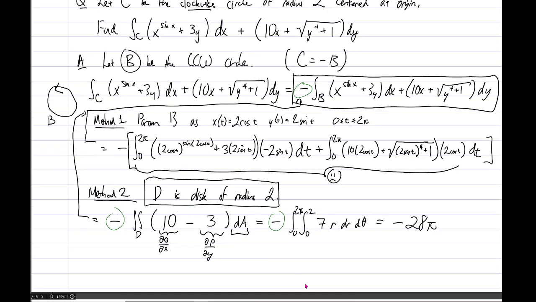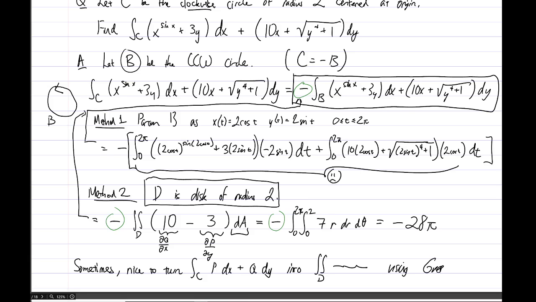So here's the thing. Sometimes it's nice to turn an integral over a closed curve C, of p dx plus q dy, into a double integral over d of some stuff using Green's theorem.